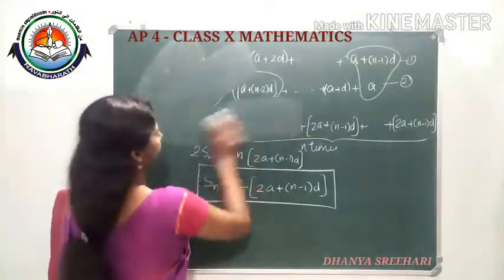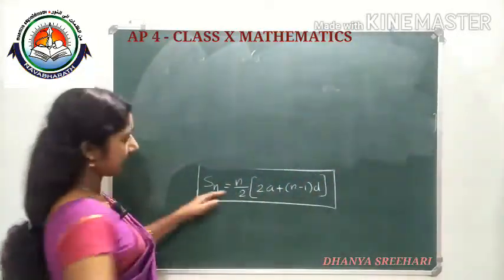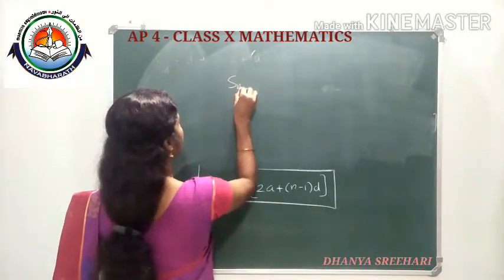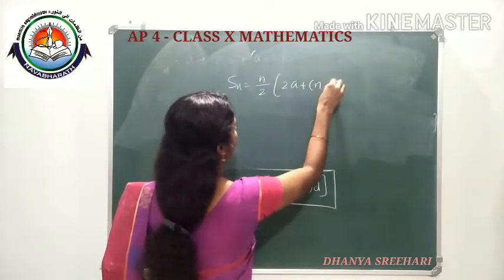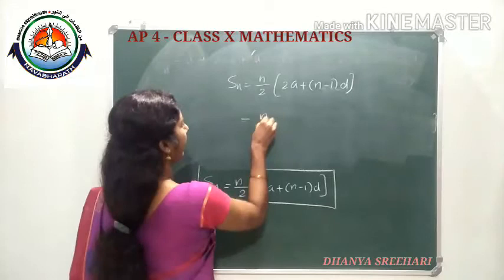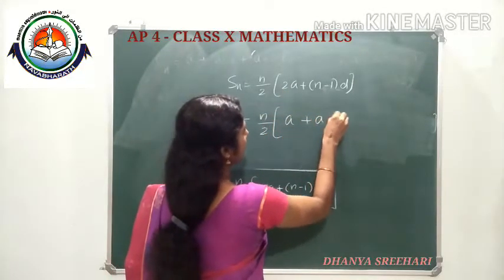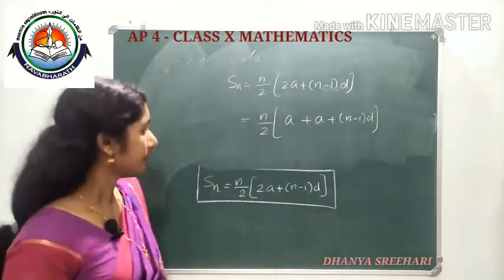So we did the derivation of the equation for the sum of first n terms. The same equation I am writing one more time: Sn is equal to n by 2 into 2a plus n minus 1 into d. This is equal to n by 2 into, splitting 2a as a, a plus n minus 1 into d.